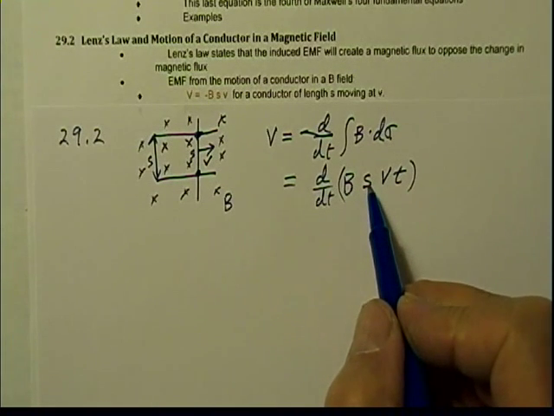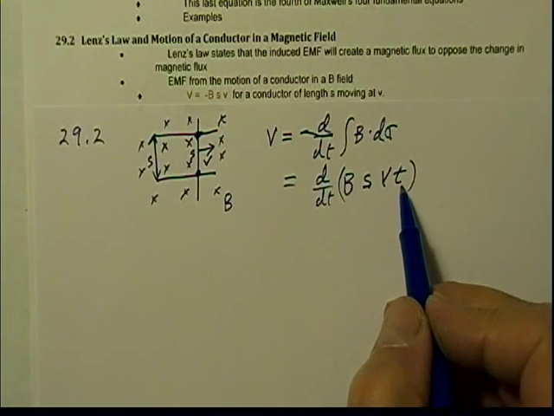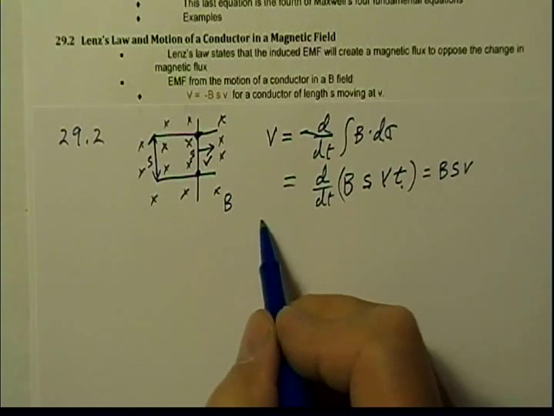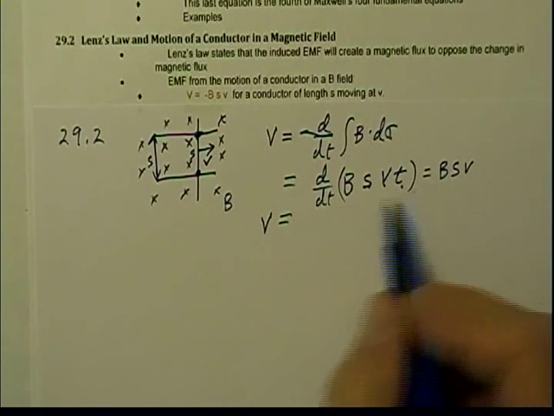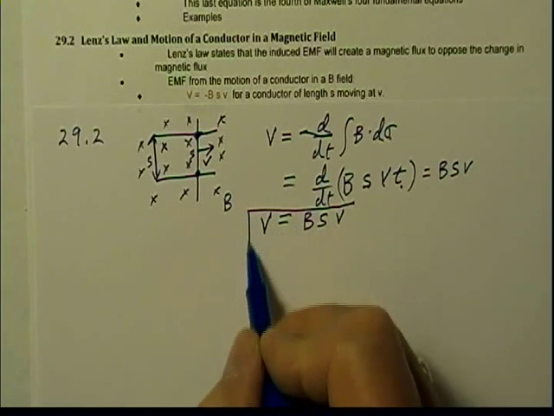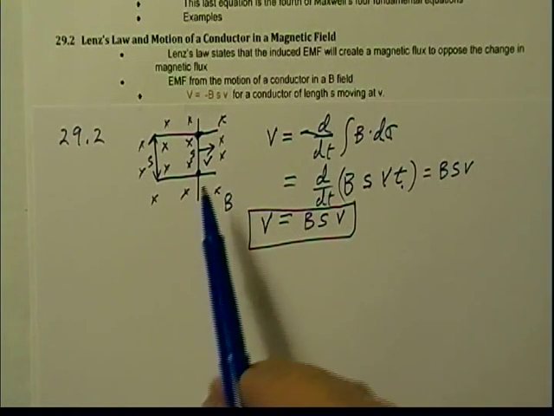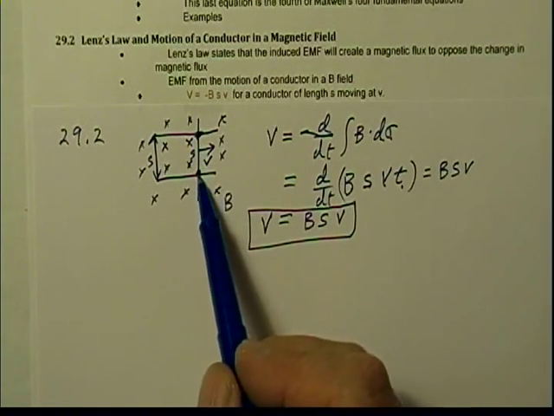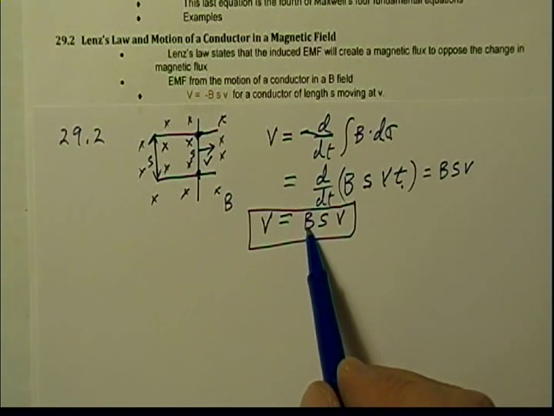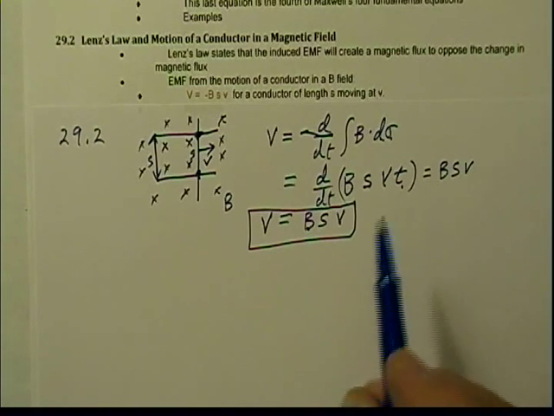This is constant, this is constant, this is constant, and we take d by dt of t, and so we simply get B S V. So the voltage is B times S times the velocity that is generated if I take a conductor of length S and move it with velocity V within a magnetic field B.